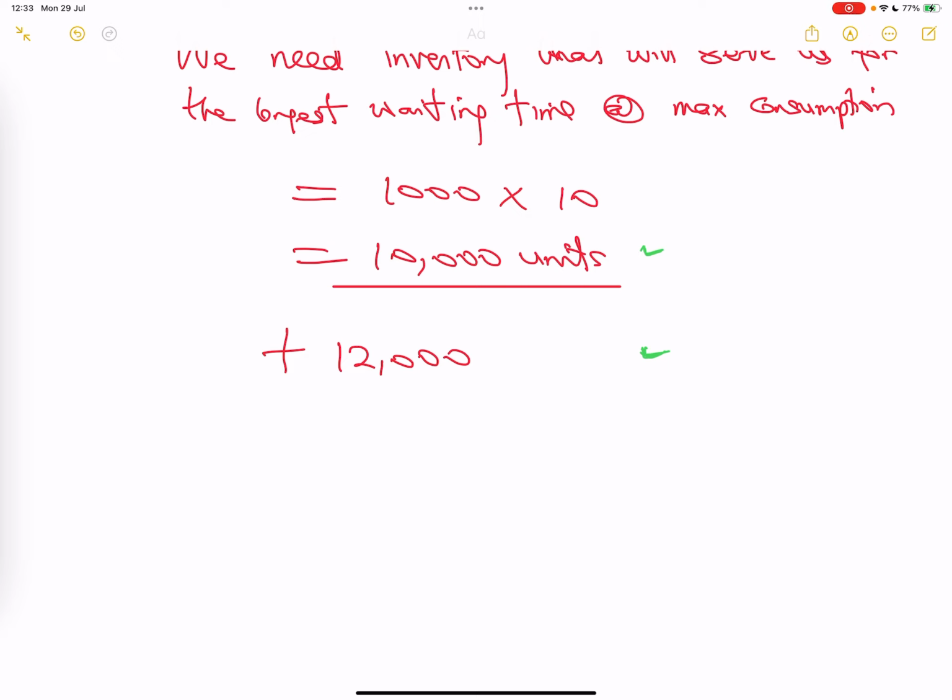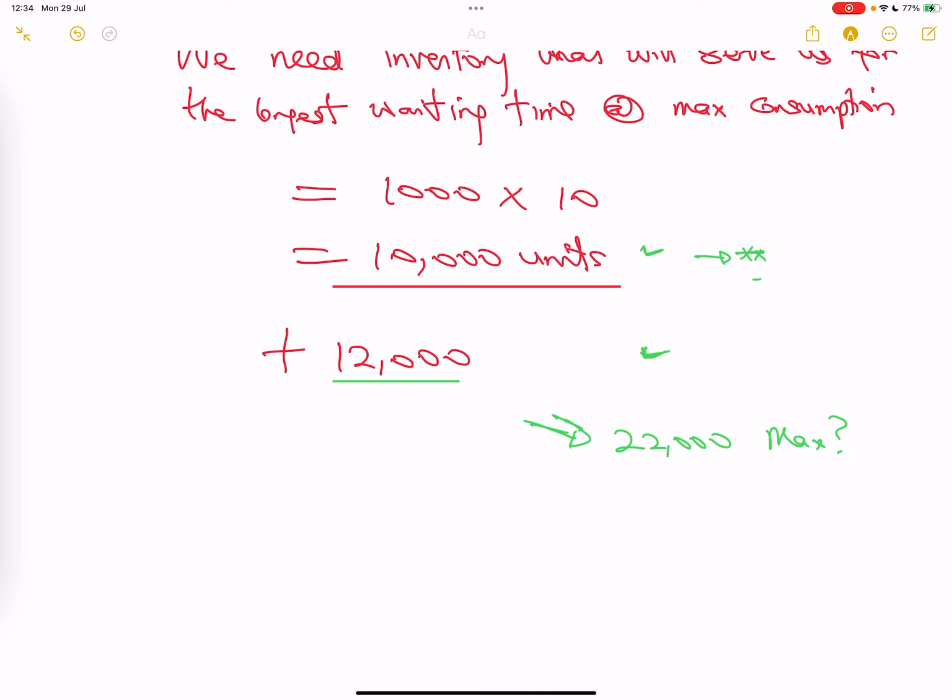I remember when I used to write this paper as a student, I would think, okay, if reorder quantity is 12,000 and reorder level is 10,000, then that means you will now have total inventory of 22,000. Does that mean that is your maximum level? No, that is not your maximum level. Because by the time you place an order at this reorder level of 10,000, you will start consuming.